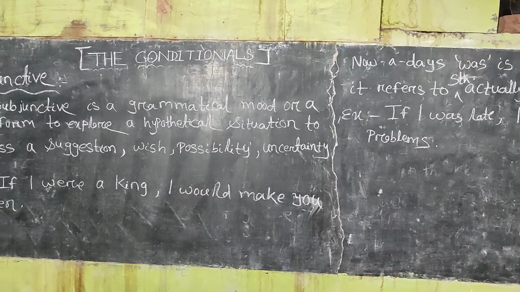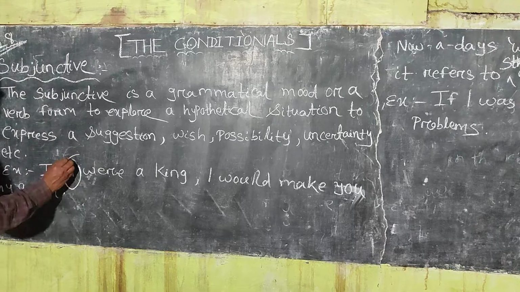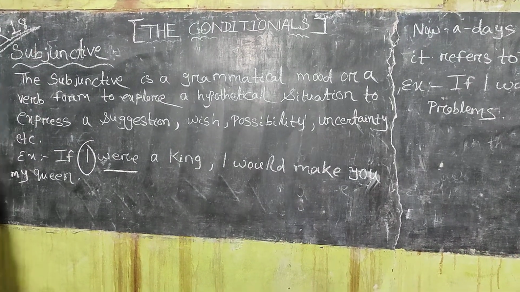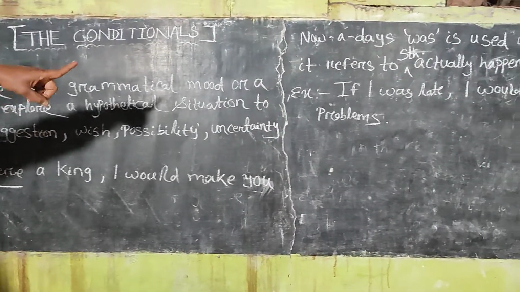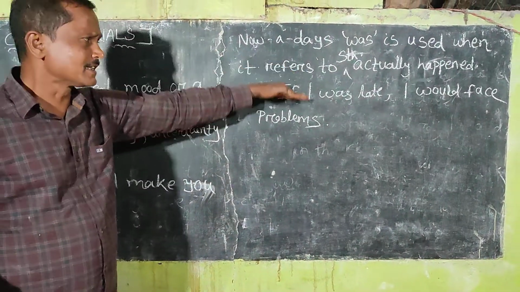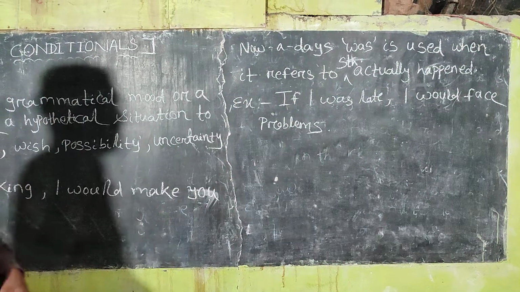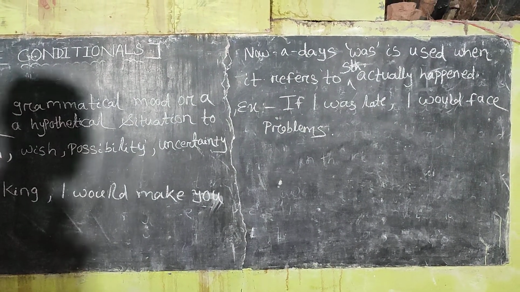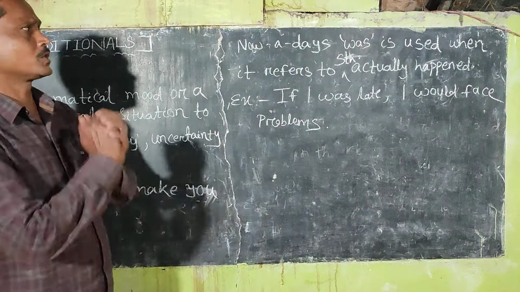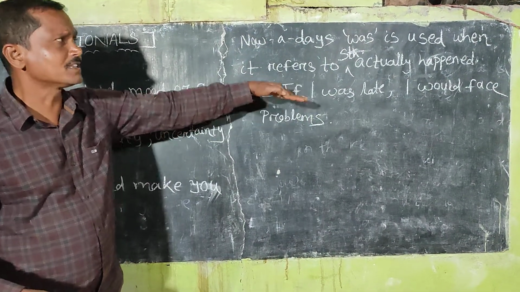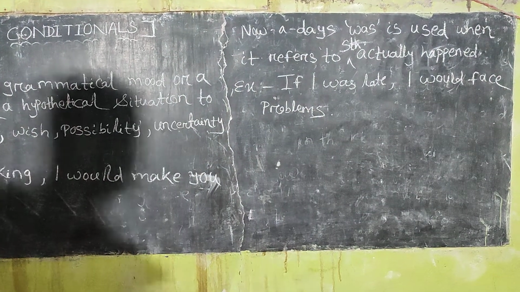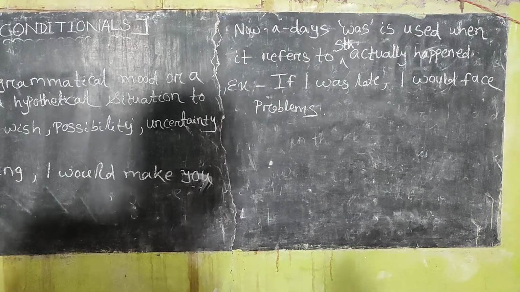And for this reason, along with the singular subject I, the plural verb were is used, and this is known as subjunctive. But nowadays, in case of hypothetical or unfulfilled conditionals, was is also used. Was is also used when it refers to something that actually happened.